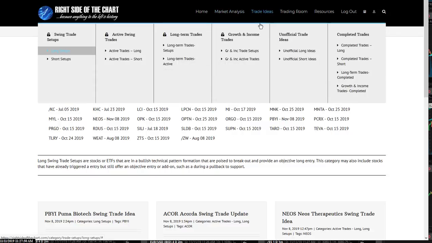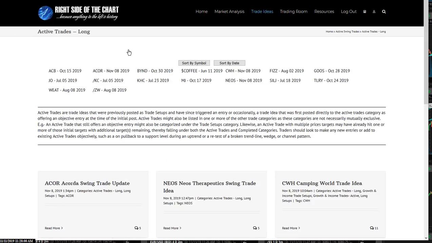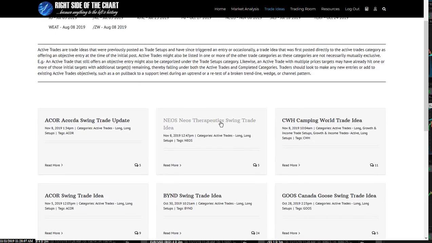So there are your categories, and going back to this, I have long setups. And then if a trade triggers an entry, I try to do predetermined entry prices. In other words, I'll try to post a trade setup.